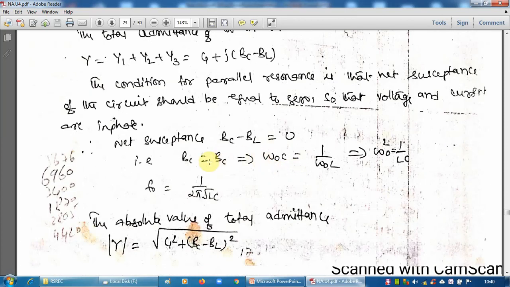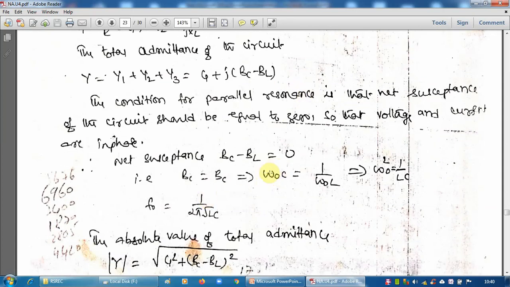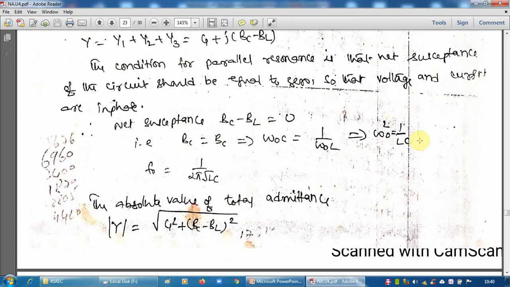Now we can get an expression for resonance also, as in the previous case. By using this condition, net susceptance BC minus BL equal to 0, or BC equal to BL. BC is nothing but 1 by jXC, which means omega naught C, so BC equals omega naught C and BL equals 1 by omega naught L. From this, f naught is equal to 1 by 2 pi root LC, which is the same as that of the previous series circuit.